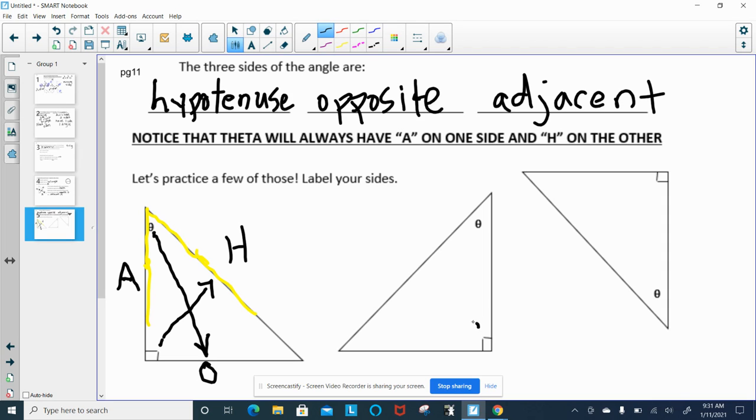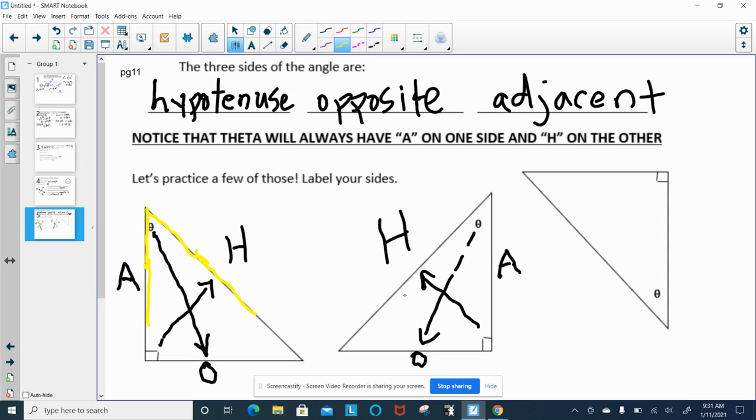Here we have the hypotenuse. Then we go to theta and we go opposite. And then next to theta, that's where the A goes, next to.